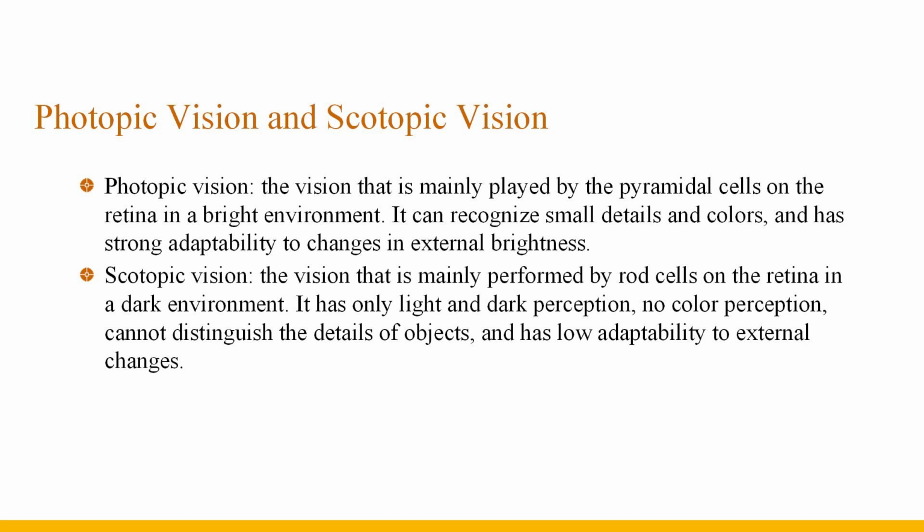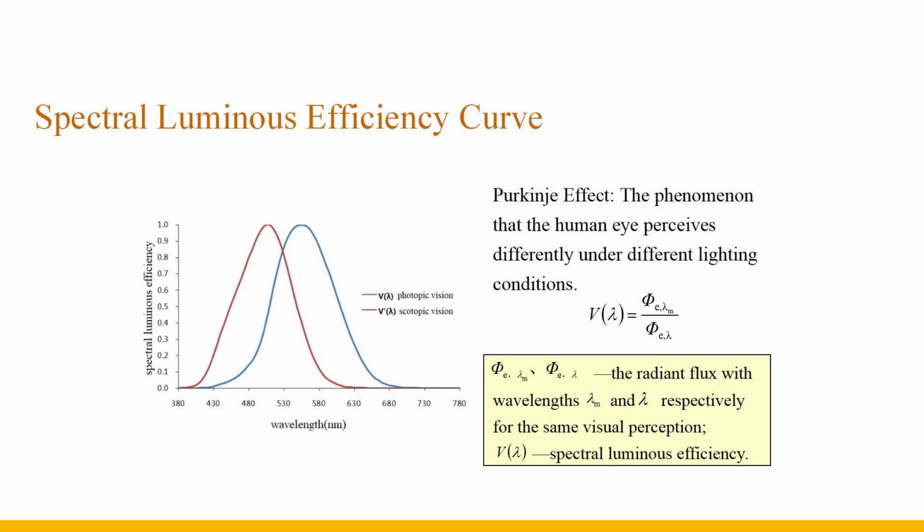Scotopic vision refers to the vision that is mainly performed by rod cells on the retina in a dark environment. It has only light and dark perception, no color perception, cannot distinguish the details of objects, and has low adaptability to external changes. When the human eye sees radiation of the same power, it feels different brightness at different wavelengths.